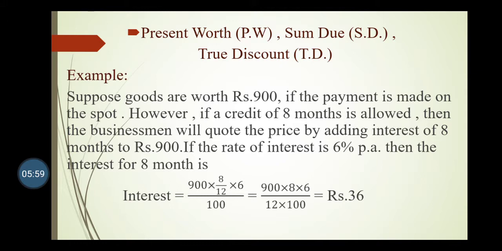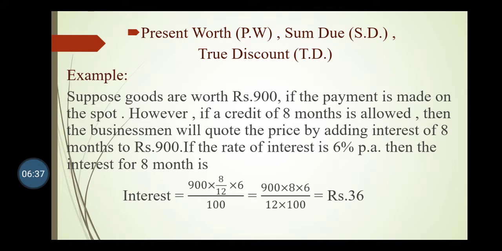But if I ask the shopkeeper to give it on credit, means I will pay the 900 rupees in some installments, in this case I am taking credit of 8 months. So in that case the businessman will quote the price by adding interest of 8 months to rupees 900.